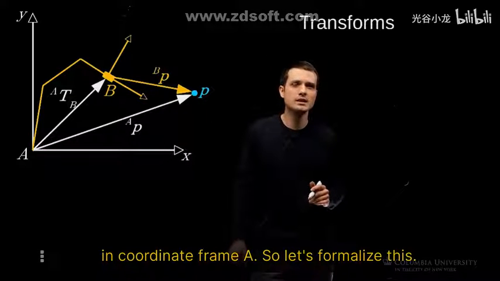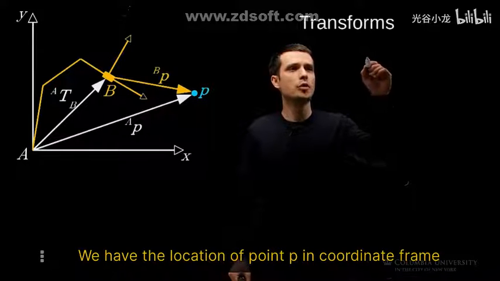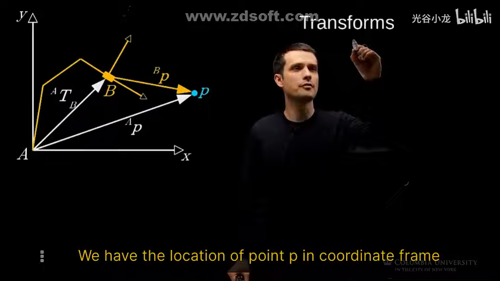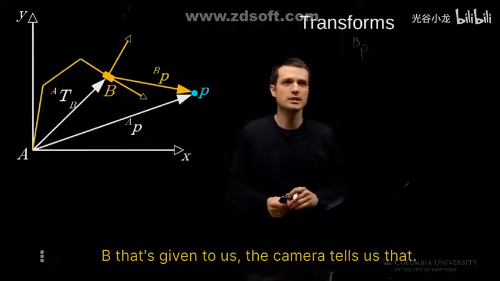So let's formalize this. We have the location of point P in coordinate frame B that's given to us. The camera tells us that.